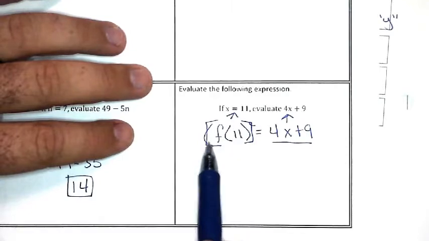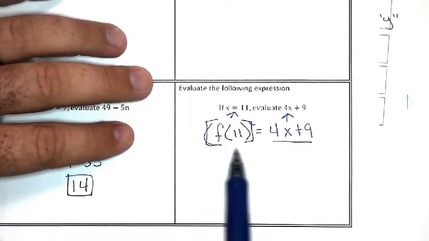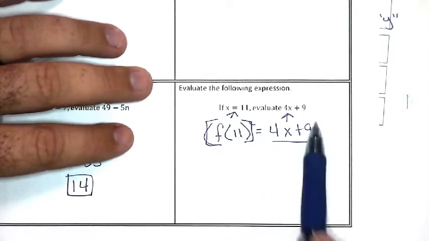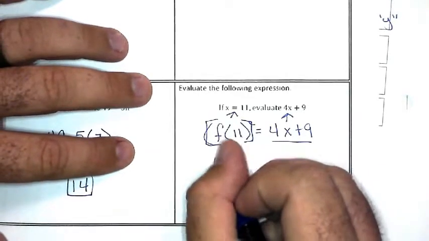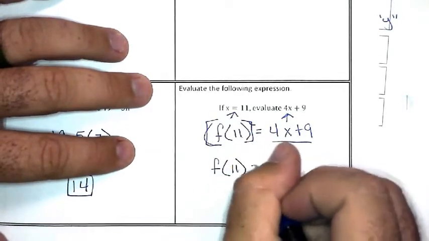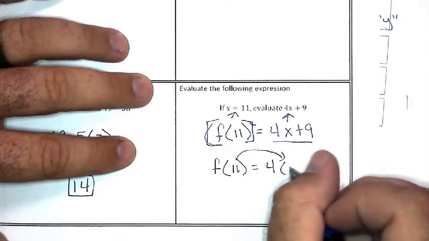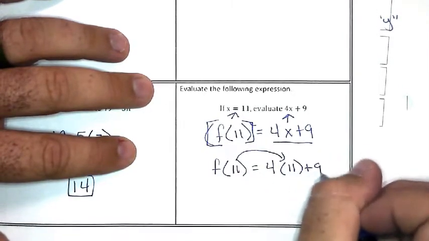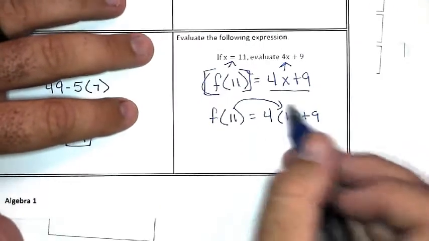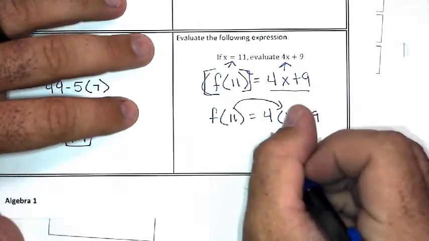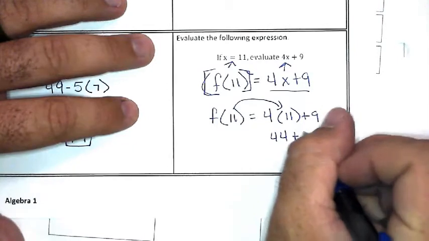Evaluate. 4x plus 9. All you do is substitute and simplify. 4 times 11 is 44. 44 plus 9 is 53.